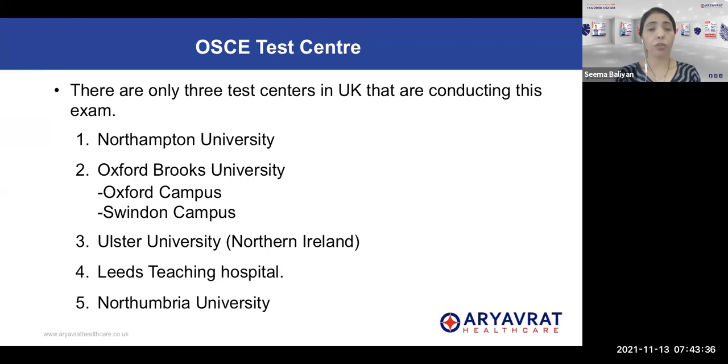Those 5 centers are Northampton University and Oxford Brookes University, which has 2 campuses, Oxford and Swindon. Then Ulster University, which is in Northern Ireland. Then the new ones are Leeds Teaching Hospital and Northumbria University.